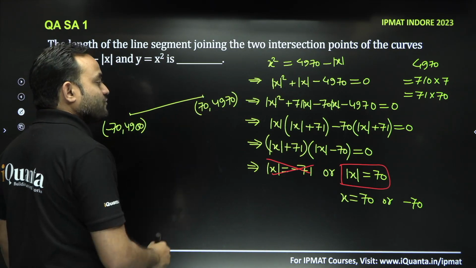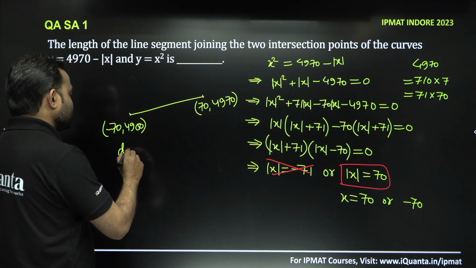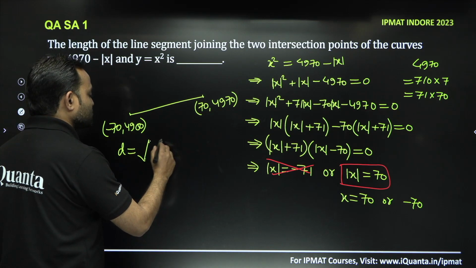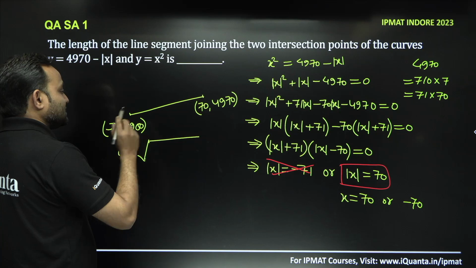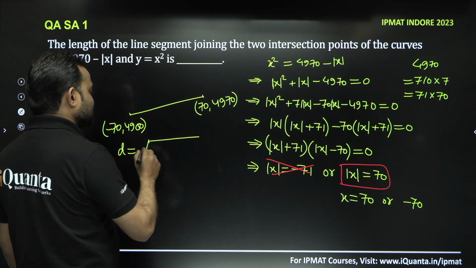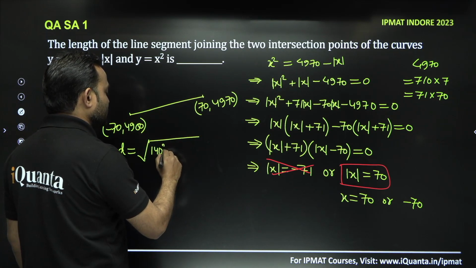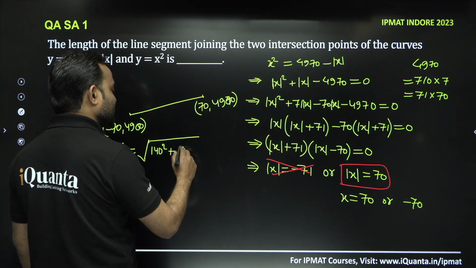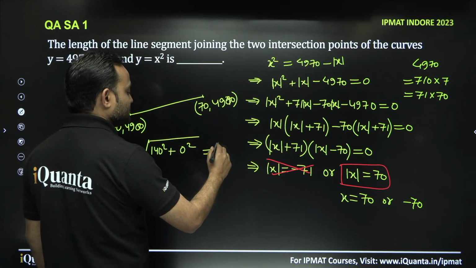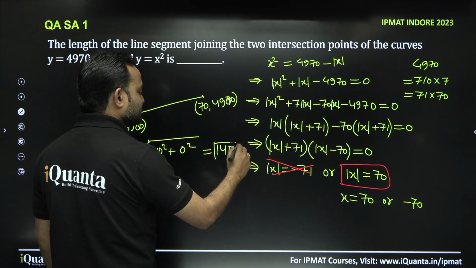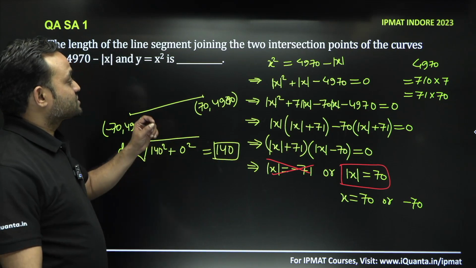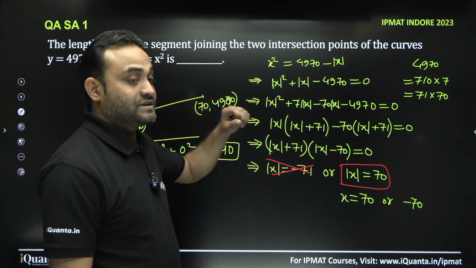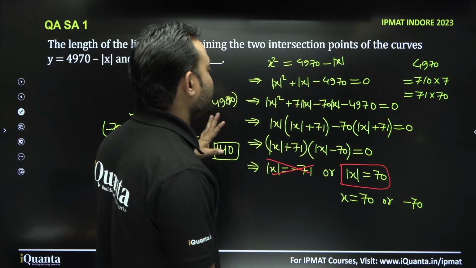Using the distance formula, the distance between these 2 points will be square root of 70 minus minus 70 whole square, which is 140 whole square, plus this minus this, again 4900 minus 4900. What do we get? 140, and that is our answer. Question is the length of the line segment joining the two intersection points.